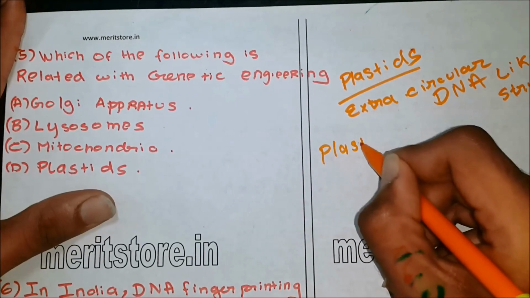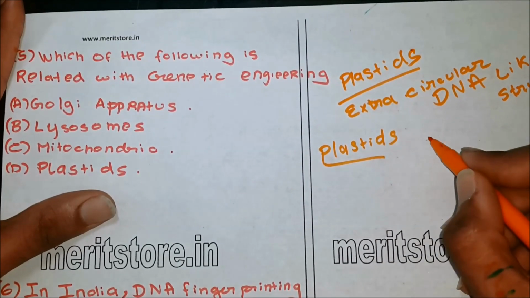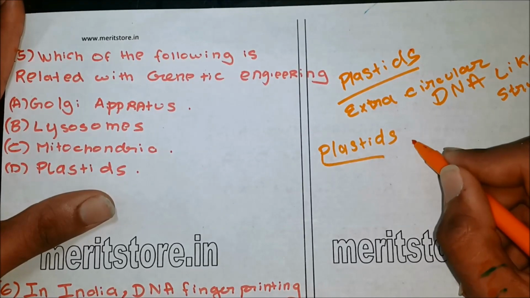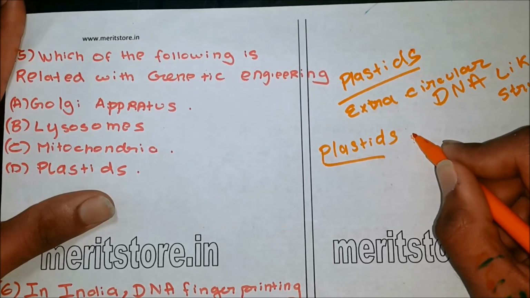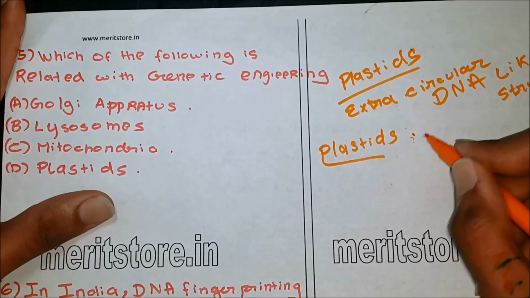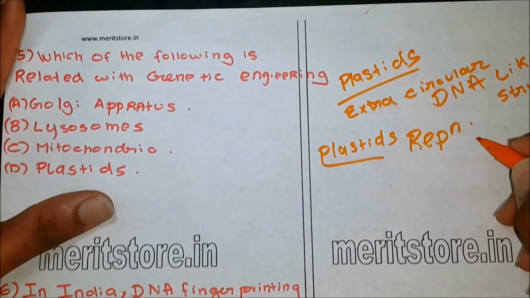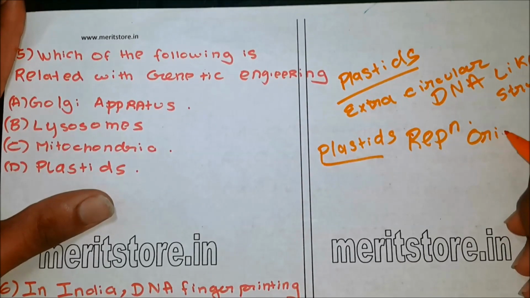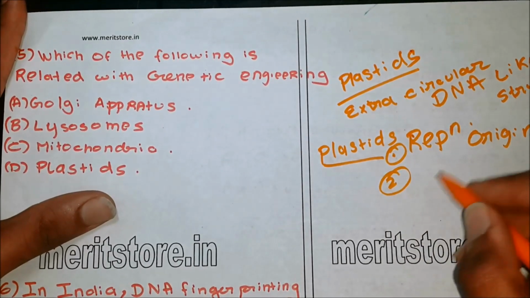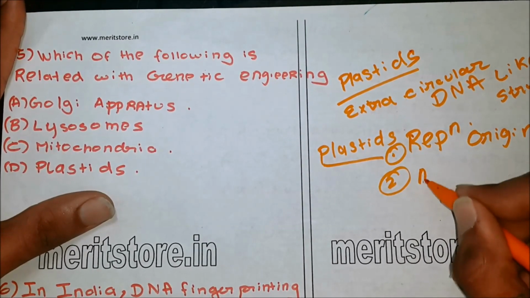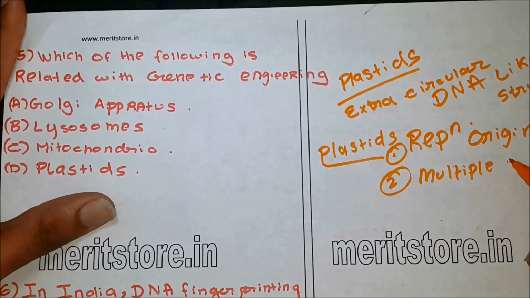Plastids show presence of different regions. I'll name a few of them. They have a replicating origin, as well as multiple cloning sites.